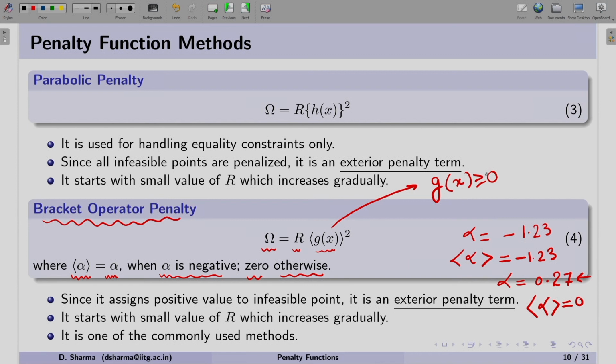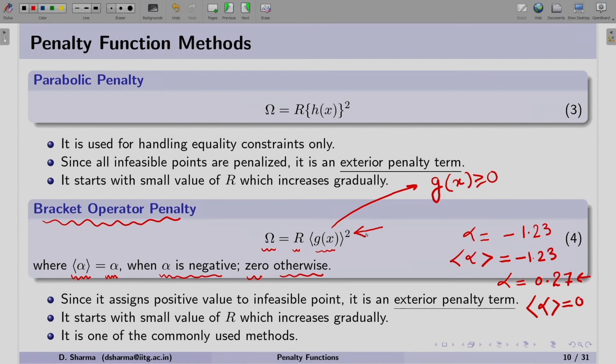And when the solution is infeasible, this means that g_j(x) will take a value smaller than 0. So we can very well fit this representation of g_j(x) greater than or equal to 0 into this bracket operator.